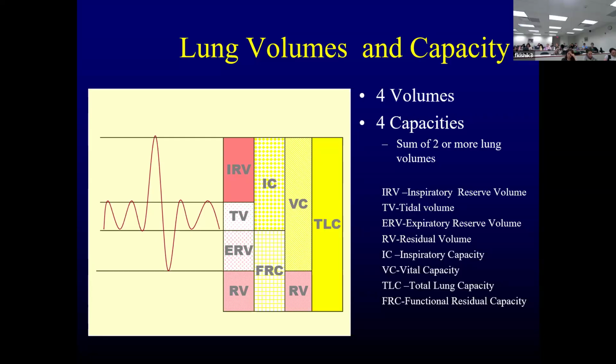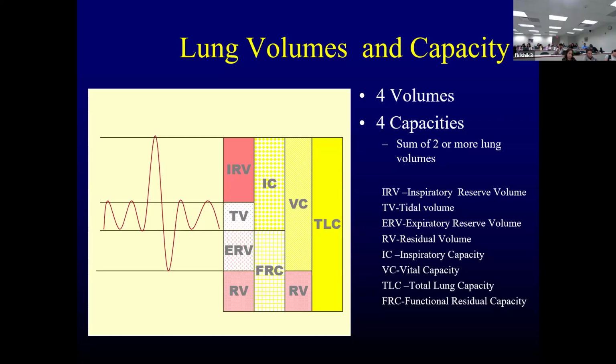There's another capacity that I want you to appreciate, called functional residual capacity. Functional residual capacity is a combination of expiratory reserve volume and residual volume: ERV plus RV. So there are 4 volumes and 4 capacities.